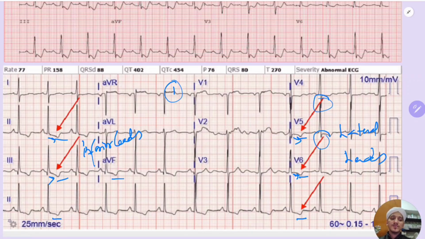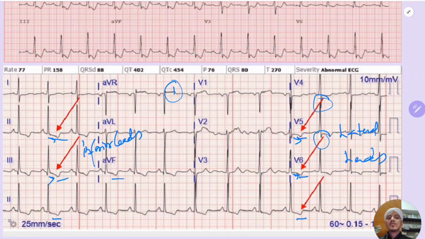That is very important, because T wave changes are very common in ECGs. If we don't recognize them, there will be unnecessary referrals, or the doctor himself will panic first.